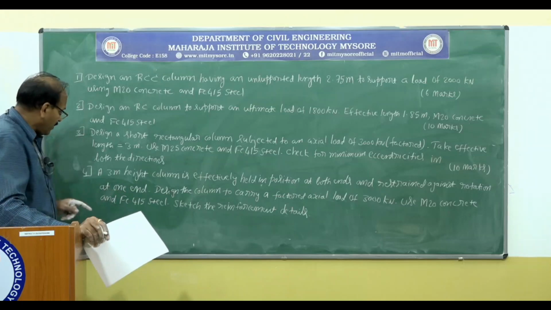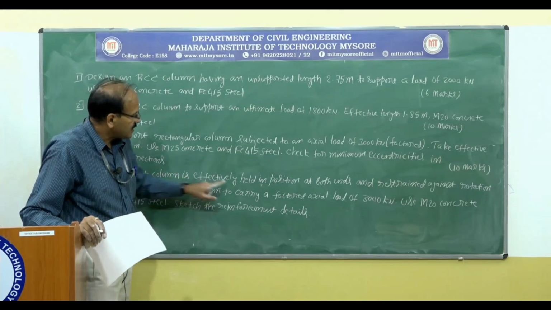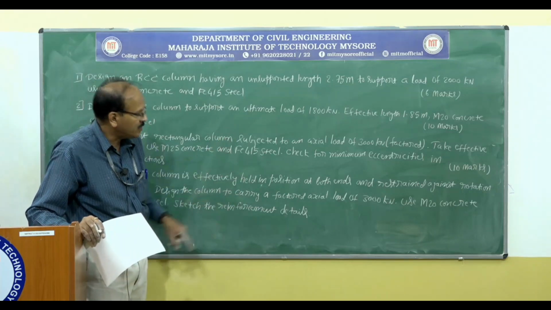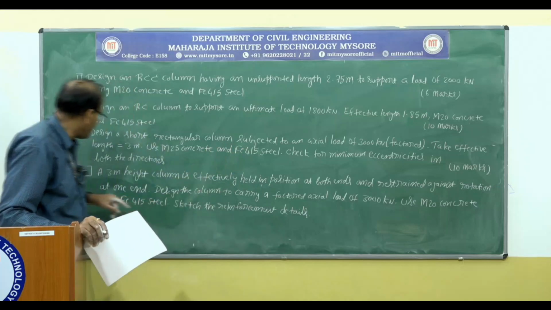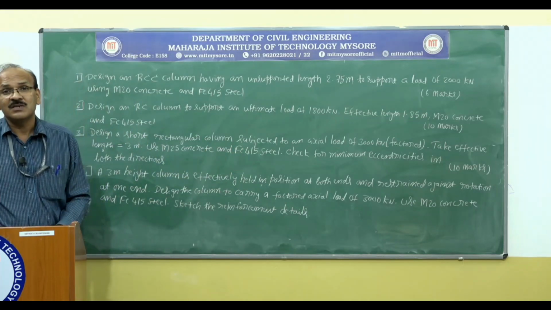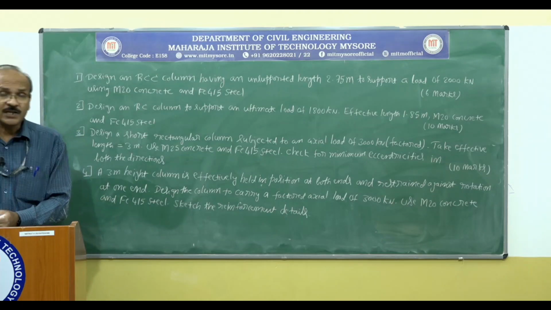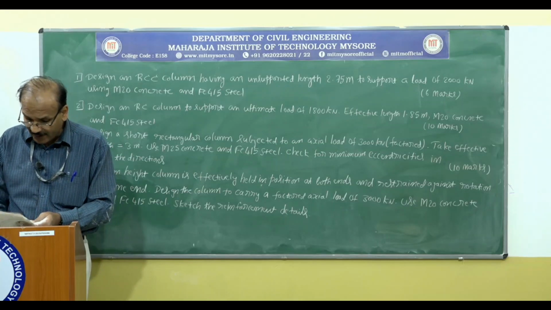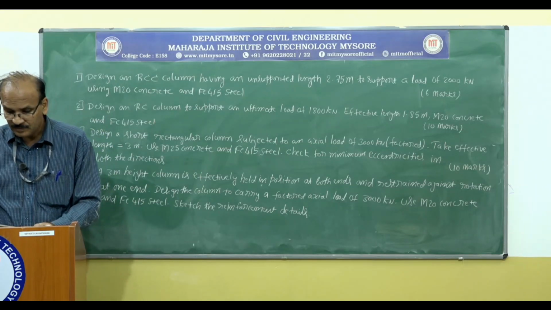So let me go through this problem. A 3-meter height column is effectively held in position at both ends and restrained against rotation at one end. So what does it mean? If you open page number 94, that is Table 28, please open it.